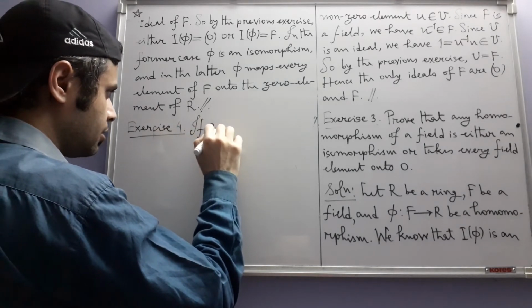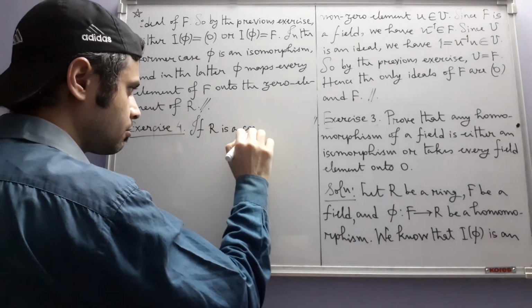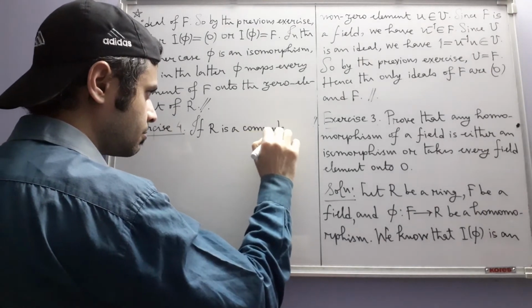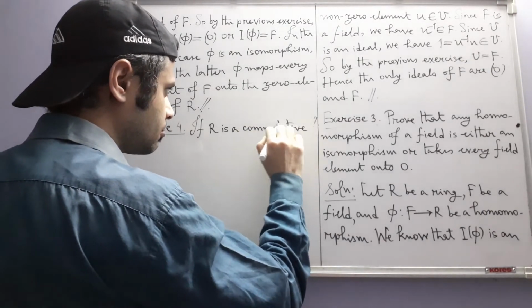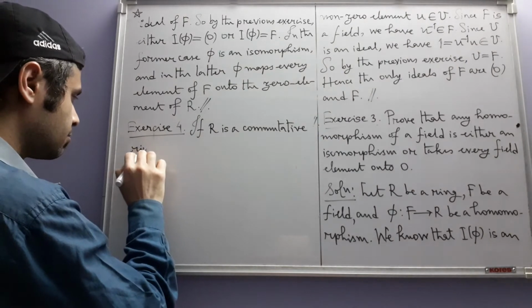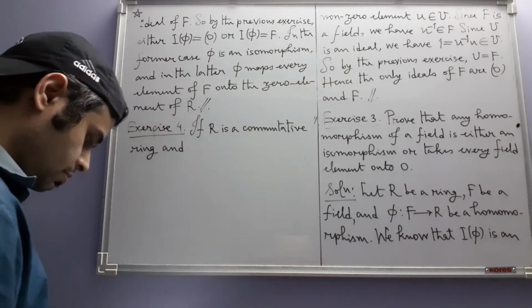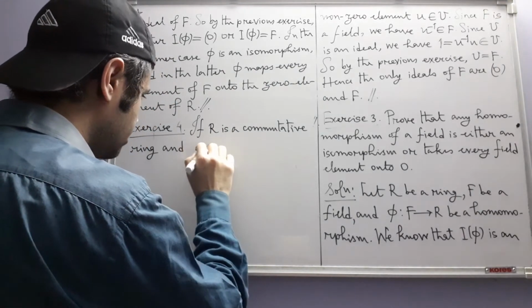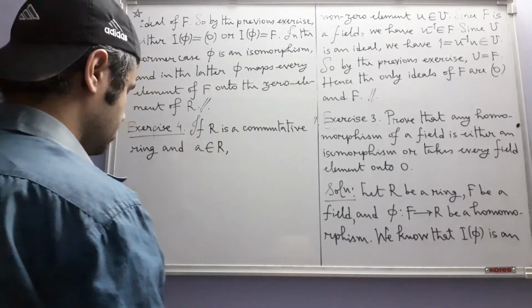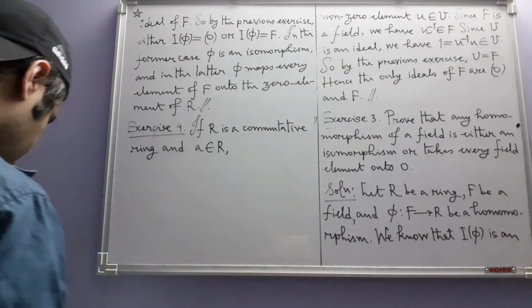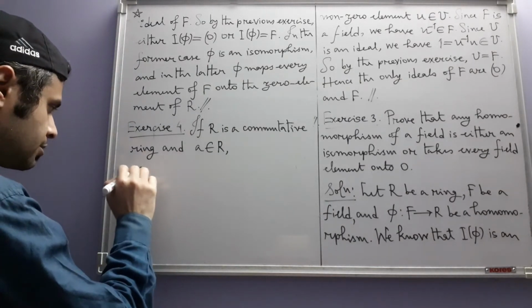If R is a commutative ring and we are considering an element a in R, then there are two parts.